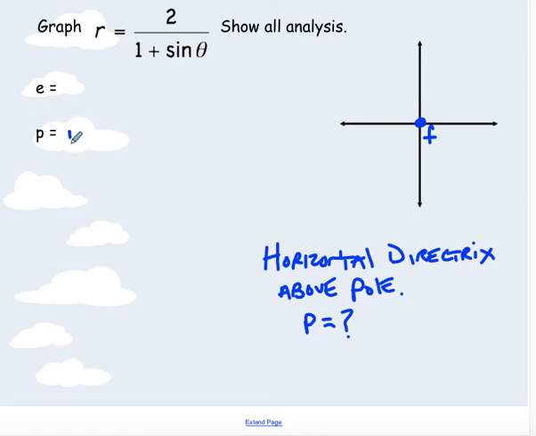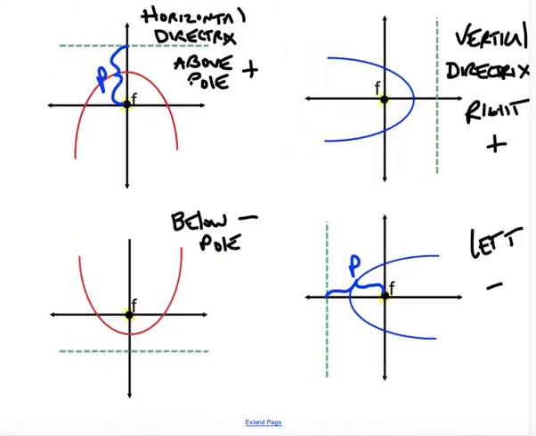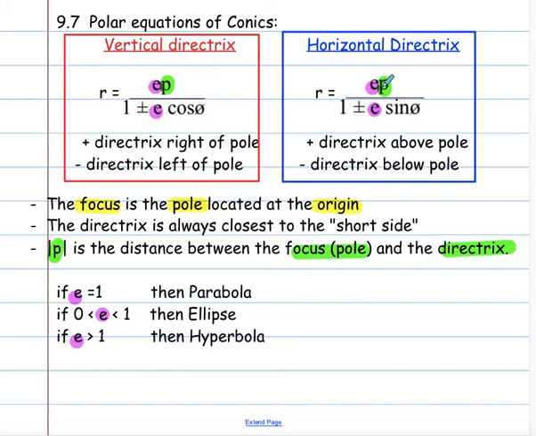P is the distance between the pole and the directrix. All right, so we got to figure those two values out. So look back at our equation. The top of the equation has to be EP, and whatever is in front of the sine, that is your E. That's kind of where I start, is I look at the thing in front of the sine, and that tells me what E is.